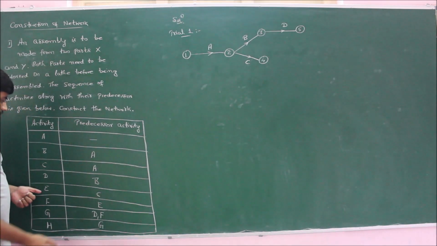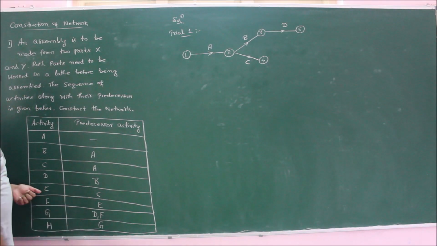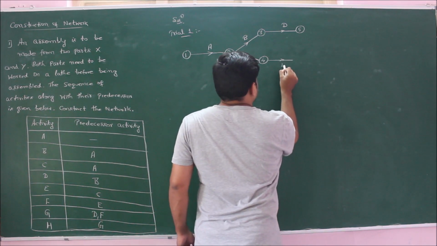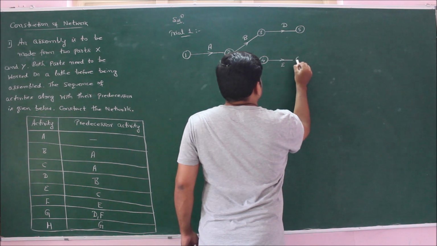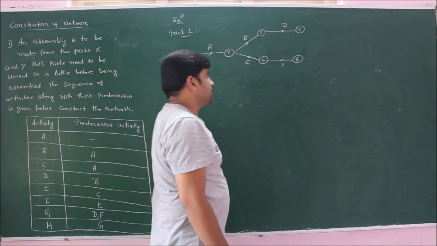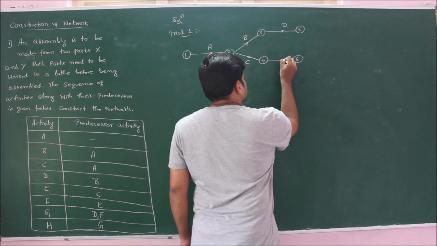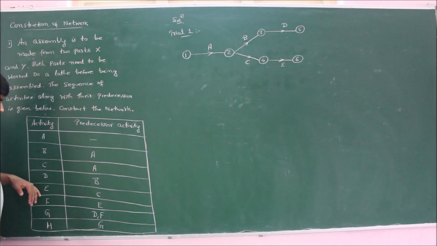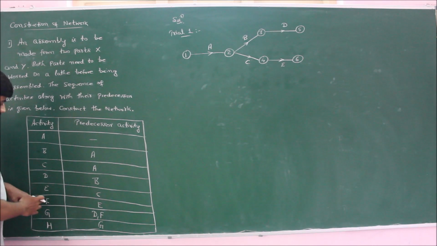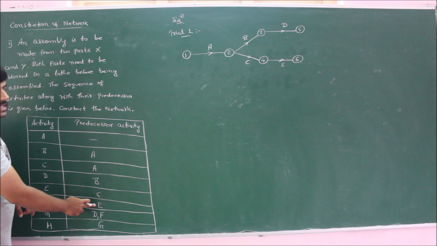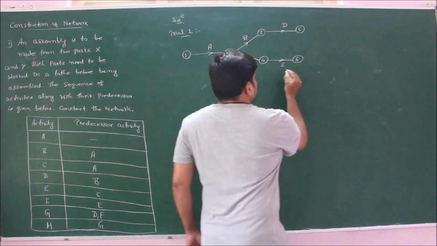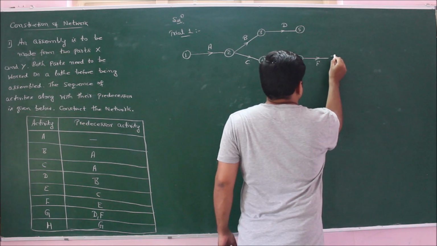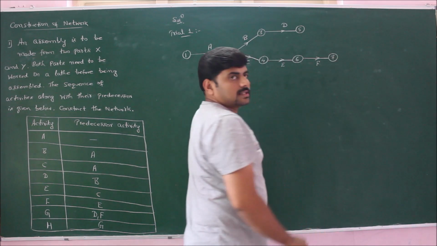Activity E is coming from activity C. So after C, we have activity E. This is event number 6. Now, activity F is emerging from activity E. So from activity E, we have activity F. This will become node number 7.